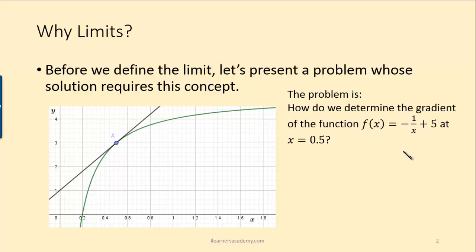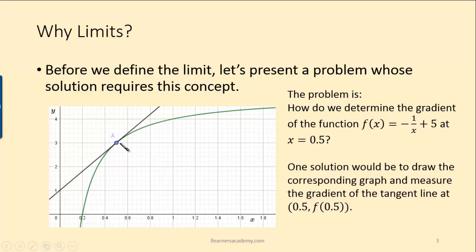We have some function, in this case it's minus 1 over x plus 5, and we want to know the gradient of this function where x is equal to 0.5. So at this point right here, the x coordinate of this point is 0.5. One possible solution would be to draw a line tangent to this curve. In other words, we need to draw the corresponding graph, identify the point, and then draw a line tangent.